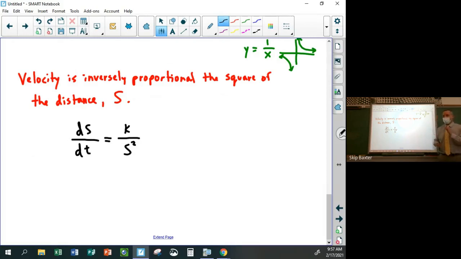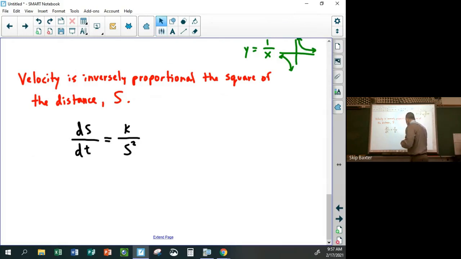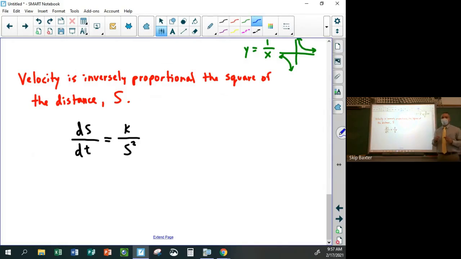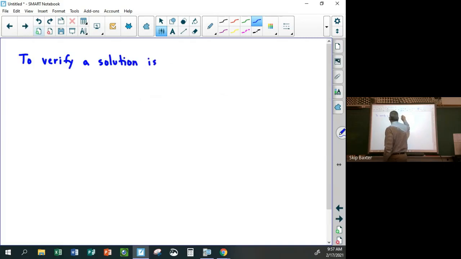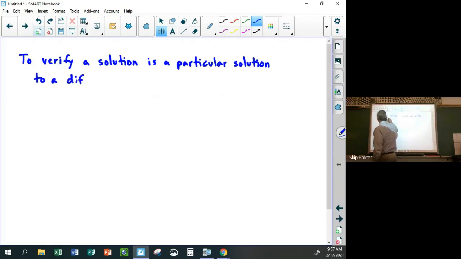All right, the second part of what I wanted to talk about then is sometimes they'll ask you to determine whether or not a particular equation is a solution to a differential equation. Okay, so remember how to do that. To verify a solution is a particular solution to a differential equation.